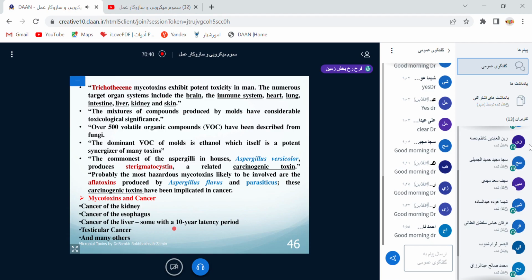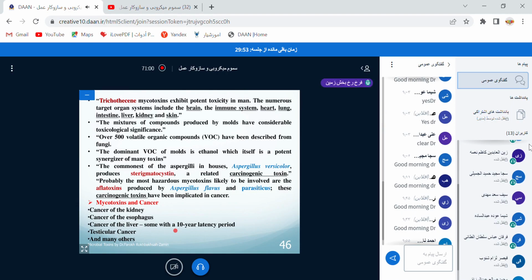Testicular cancer and many other cancers are coming from these mycotoxins. And mostly when people understand they have cancer, they don't realize how the cancer came to their body.